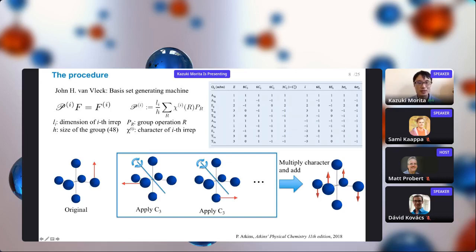The ingredients for this are the character of the irreducible representation, which is available from the character table, and the projection operator. Practically, we define a vector residing on an atom. This is a bit arbitrary, but we define an arbitrary vector and apply group operations one by one and see where this vector moves. We add up these vectors, and the sum is compatible with the irreducible representation.